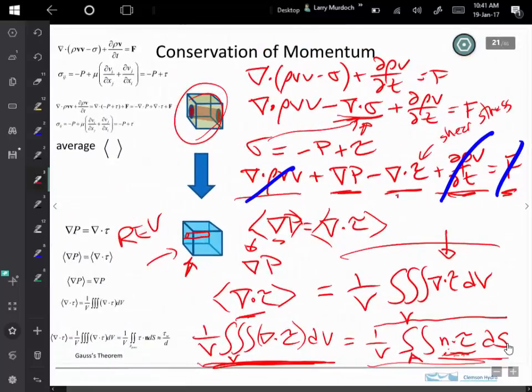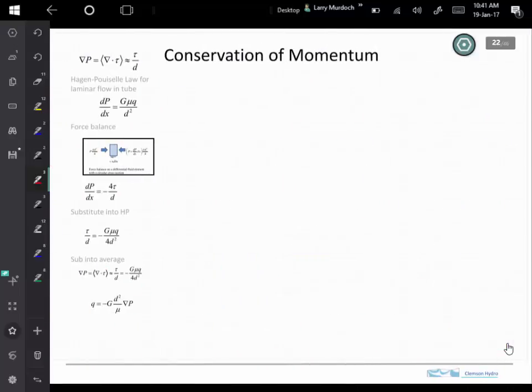So this tau here is the shear stress on the wall of the pore, and we're going to take the integral over all of the internal surface area of these pores.